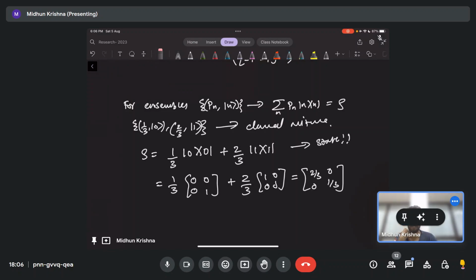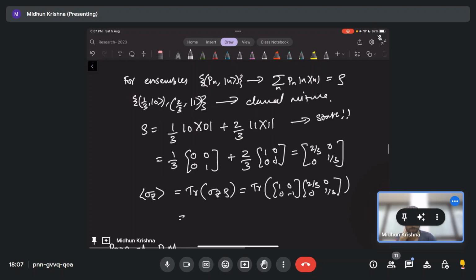Okay, and given this representation, I can find expectation values of the operator sigma z, for instance, as the trace of sigma z with rho, which is the trace of sigma z, 1, 0, 0, minus 1, times 2 by 3, 0, 0, 1 by 3, which is again, if I do the multiplication, I think we'll get 2 by 3 and 1 by 3, 0, 0, minus, and this will come out to be 1 by 3.